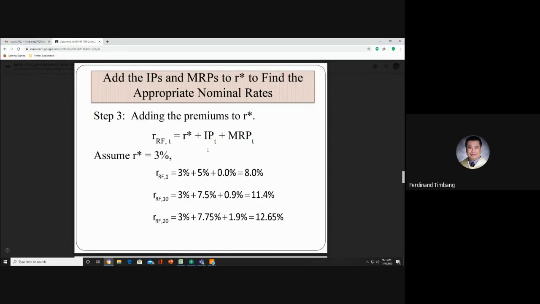Kaya naman tinatawag nating risk-free rate kasi you included already the inflation premium and the maturity risk premium. And this one is true only for the government securities. So pagka corporate securities, idadagdag natin dyan yung liquidity premium at saka default risk premium.